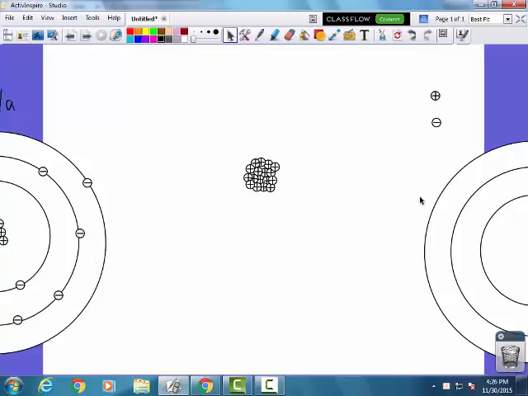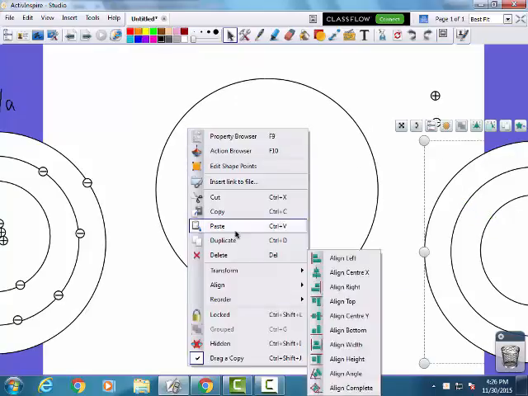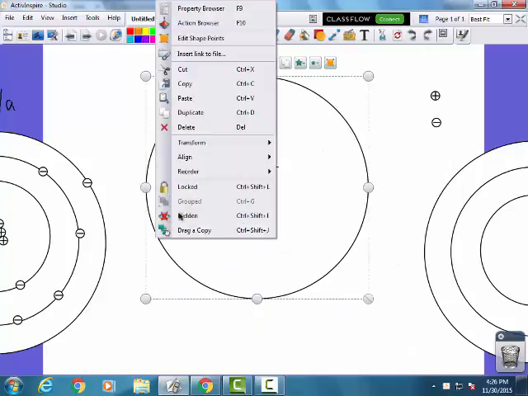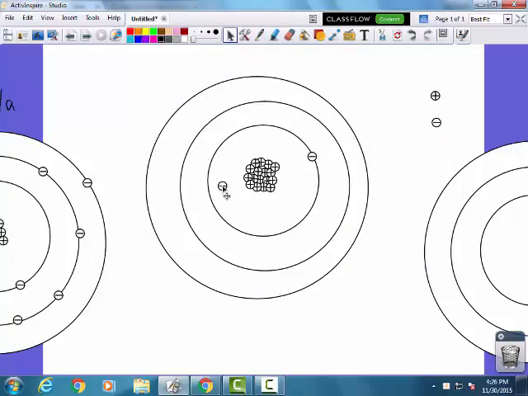It's going to have 17 electrons that are distributed amongst 3 valence shells. And the last 7, so we've got 2, 8, that's 10 so far.